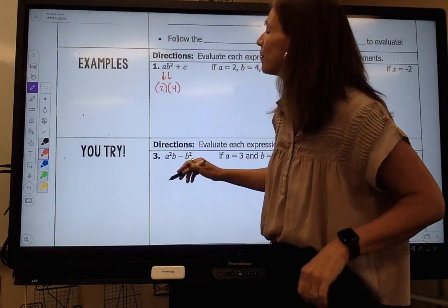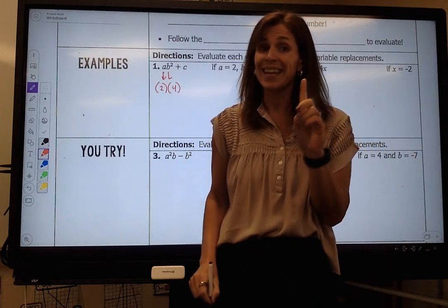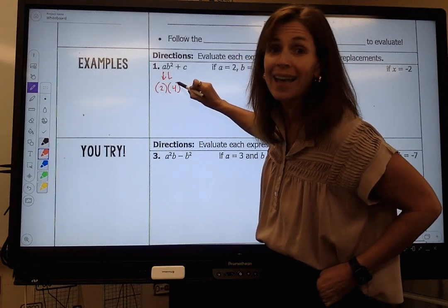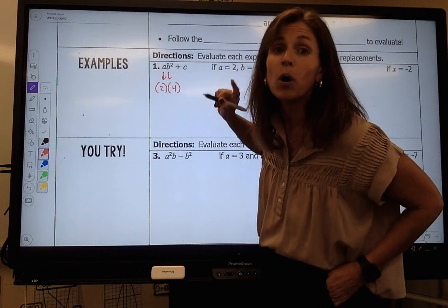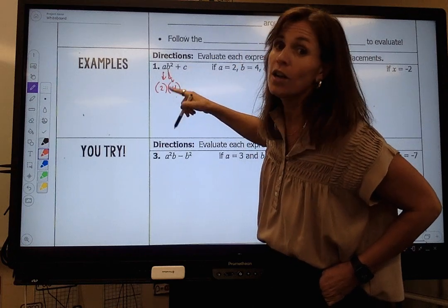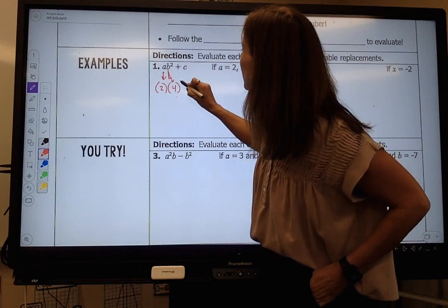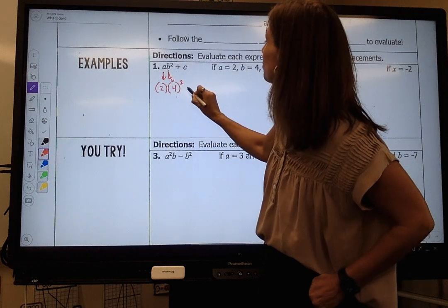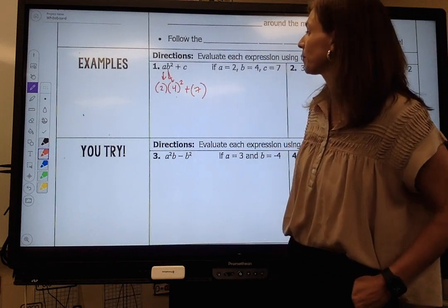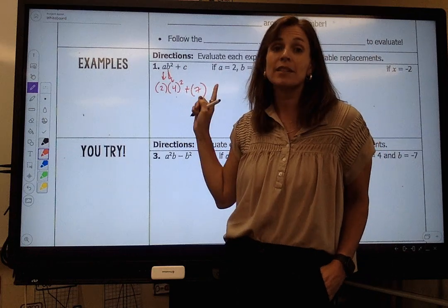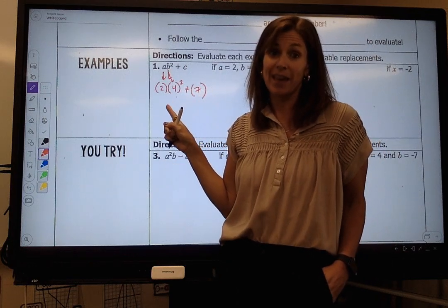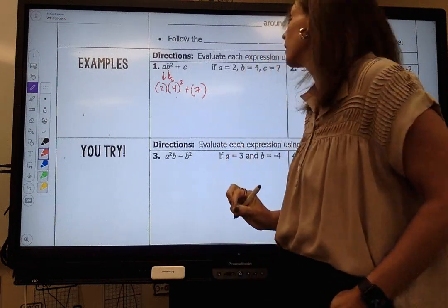I'm closing my parentheses. Notice, this is key. Did I put this exponent inside that parenthesis? Absolutely not. I am only evaluating B is 4. So the exponent goes outside the parentheses, plus, in parentheses, I can put 7. Okay? Your setup needs to look just like that setup. I'm grading on that. How do you set up an expression?